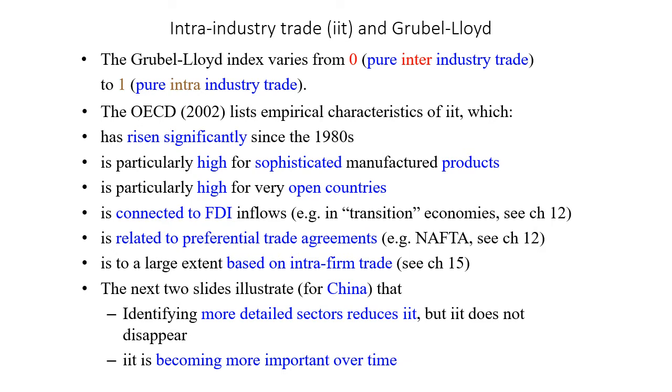So what we're going to show now in the next few slides, we're going to look at China, and we're going to show the more detailed sectors, and we're going to link it to inter-industry trade, and we're going to show that the values for inter-industry trade or the global Lloyd index is a bit lower when we deal with more detailed sectors. But over time, just like the OECD has found in terms of its empirical characteristics, it is also becoming more important over time, meaning the value is increasing over time, coming closer and closer to 1.